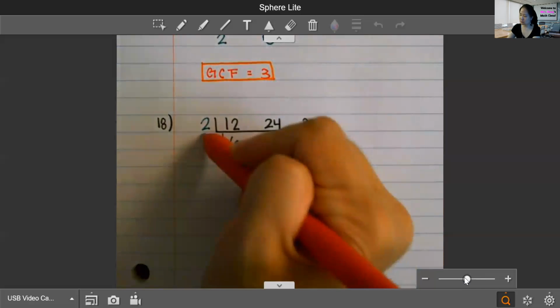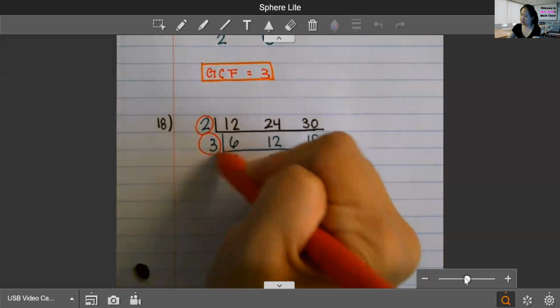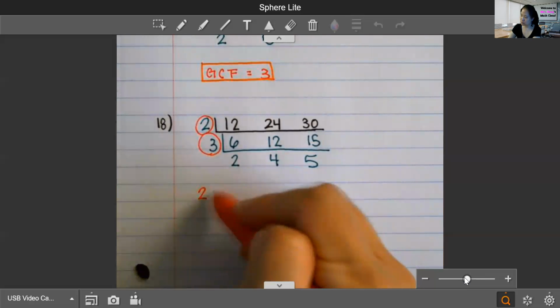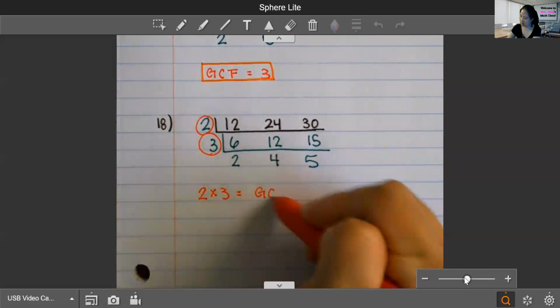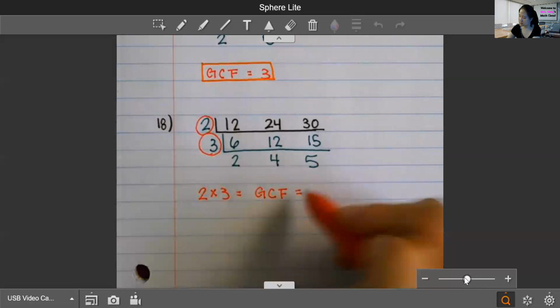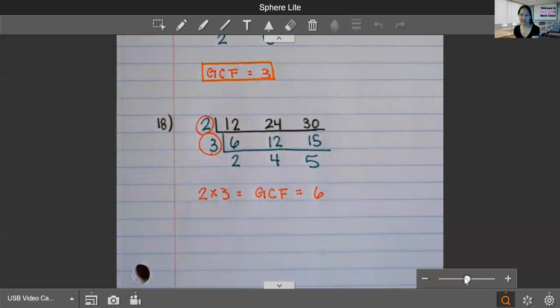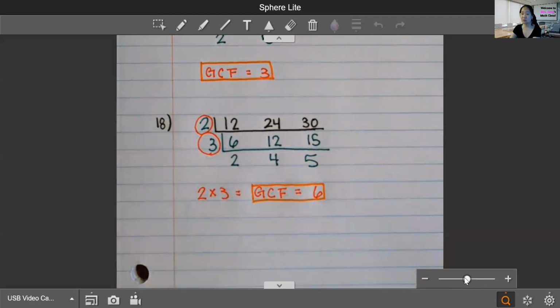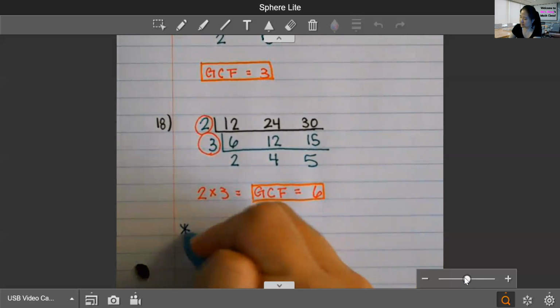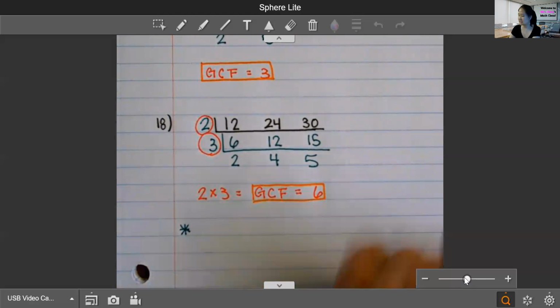You're going to circle the numbers on the left, and you're going to multiply them. 2 times 3, so your greatest common factor equals 6. But you don't want to just write GCF is 6 because it is a word problem. A word problem needs words in its answer, and we want to write it in a complete sentence.